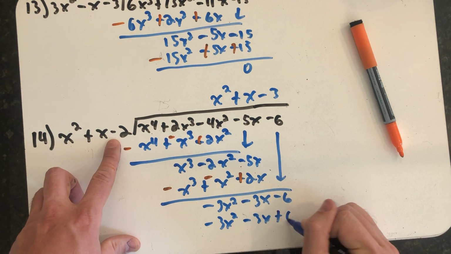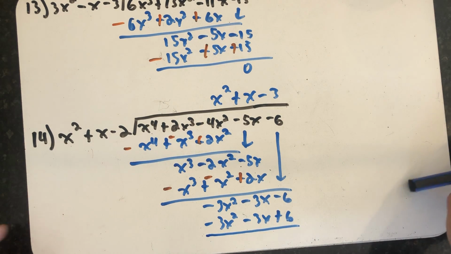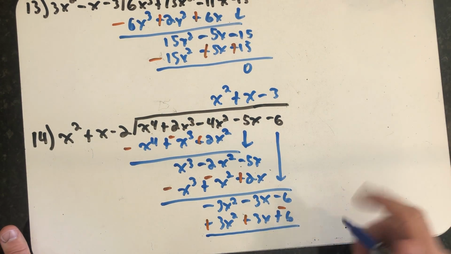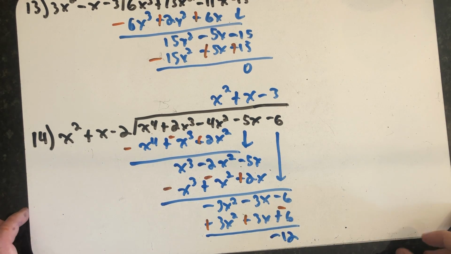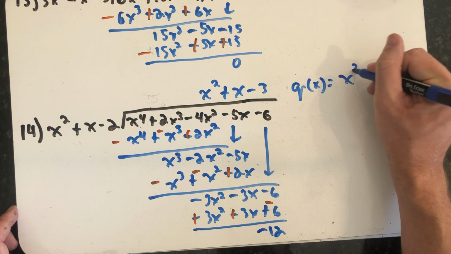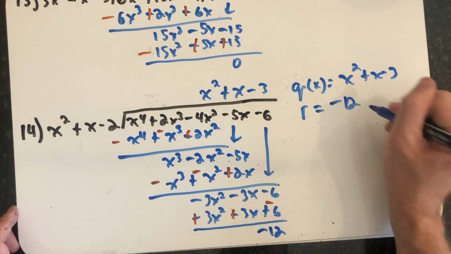And then finally here I get a plus 6. Change the signs to subtract. And I get a remainder of minus 12. So I have a quotient this time. And finally a remainder that's not 0.